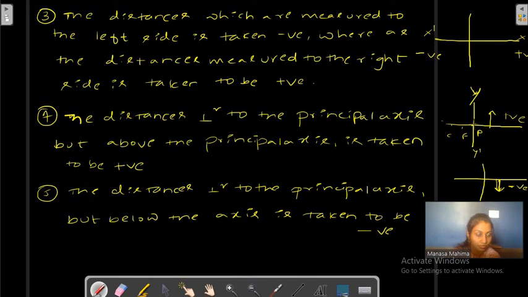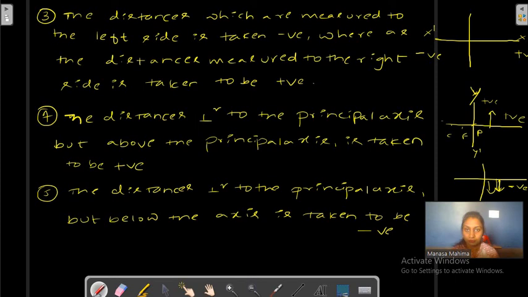If we measure the y points upside, we will get the positive y. If we measure the points down, we will see the negative y-axis, right? That is the thing here. The distance perpendicular to the principal axis, but below the axis, is taken to be negative. These 5 rules you have to keep in mind. For solving some problems, these are the rules which you have to follow.